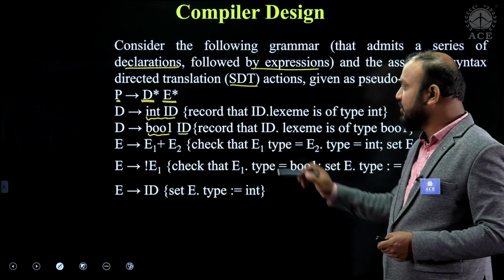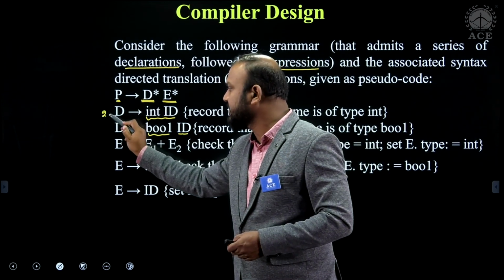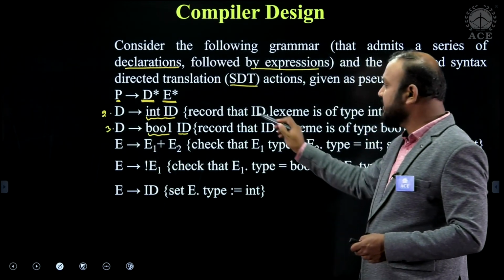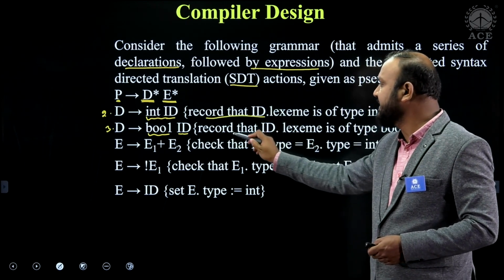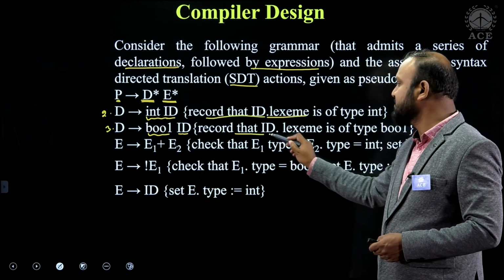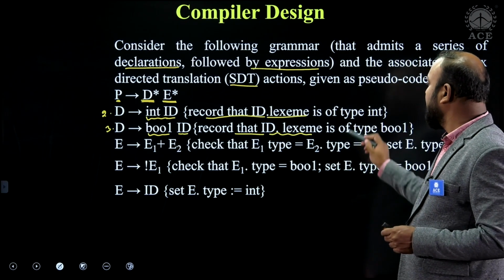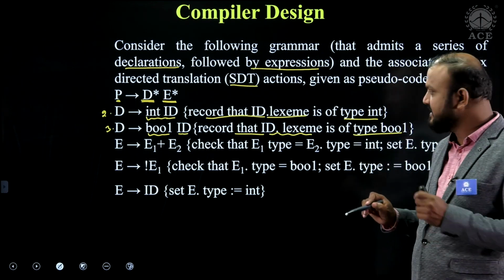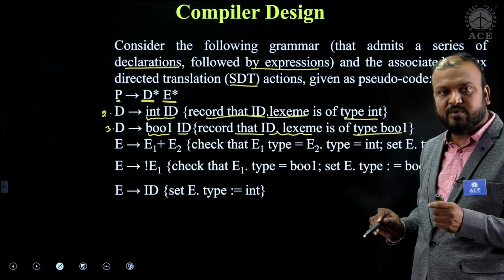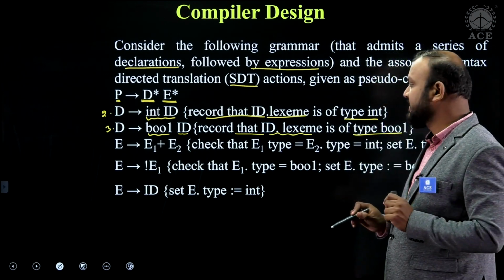And what is the semantic rule for these second and third production rules? They have a semantic record that ID dot lexeme, meaning whatever identifier is declared, is of type integer, is of type bool. This information is required to store the type of identifier into the symbol table.